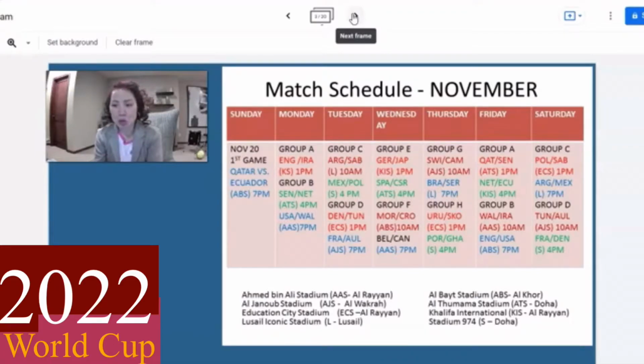And the other group that might see some intense games would be Group H between those 4 teams.